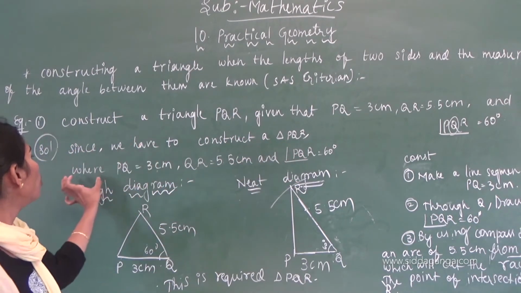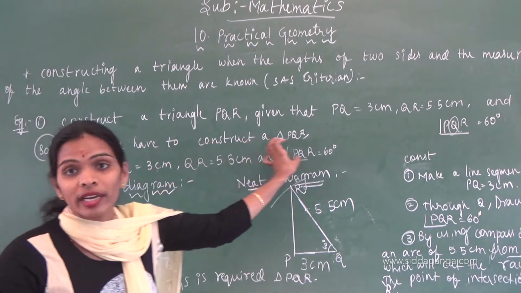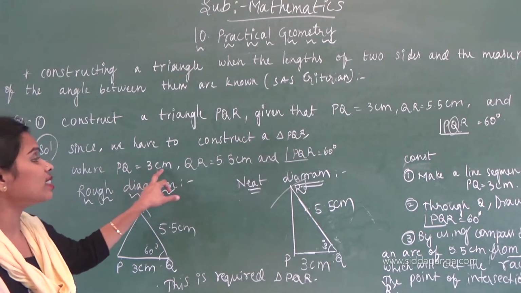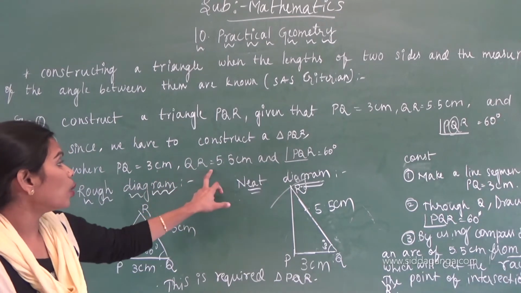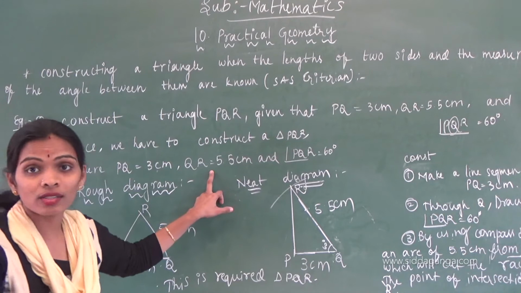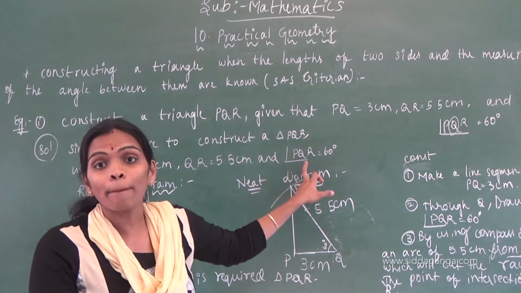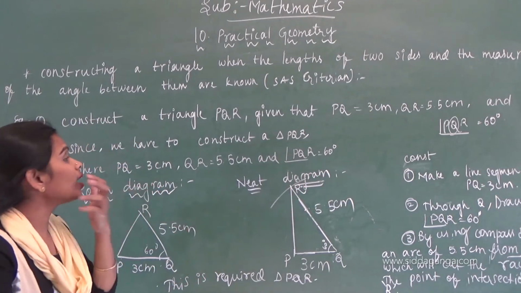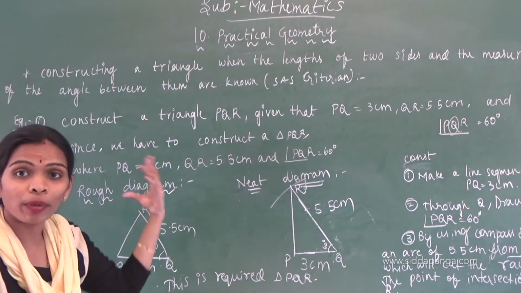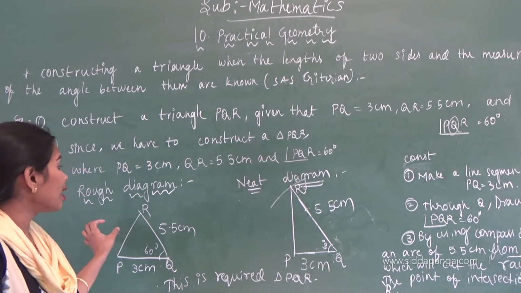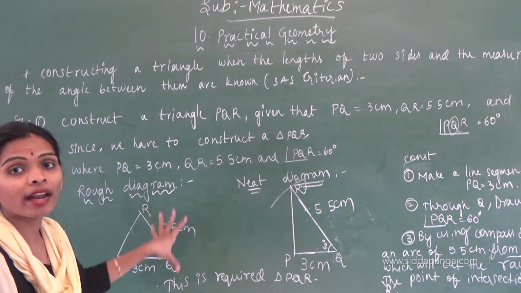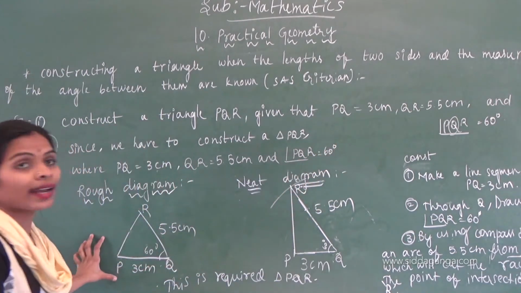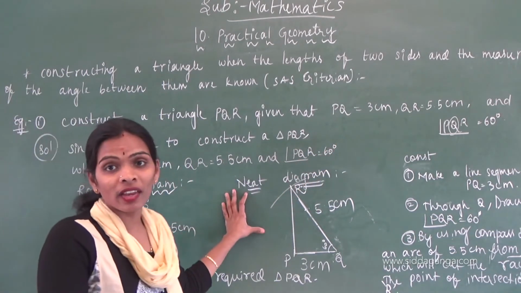Since we have to construct a triangle PQR where PQ equals 3 centimeters given, QR equals 5.5 centimeters, this is also given, and angle PQR equals 60 degrees. And then, like in the previous exercise, I am taking one rough diagram which will illustrate all the measurements, correct? And then I am taking the neat diagram.